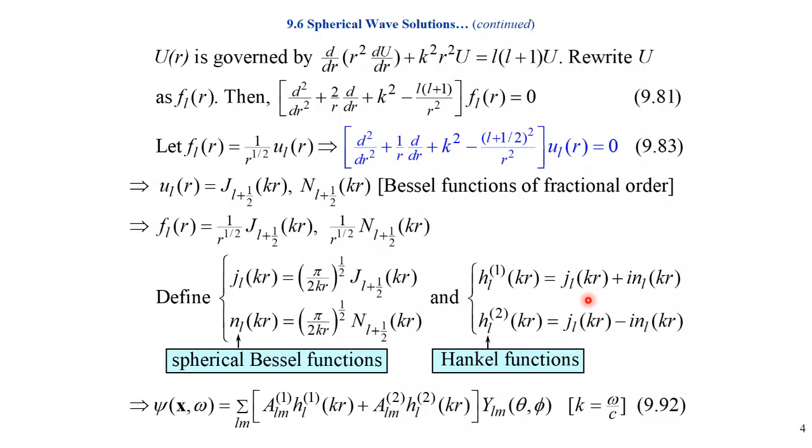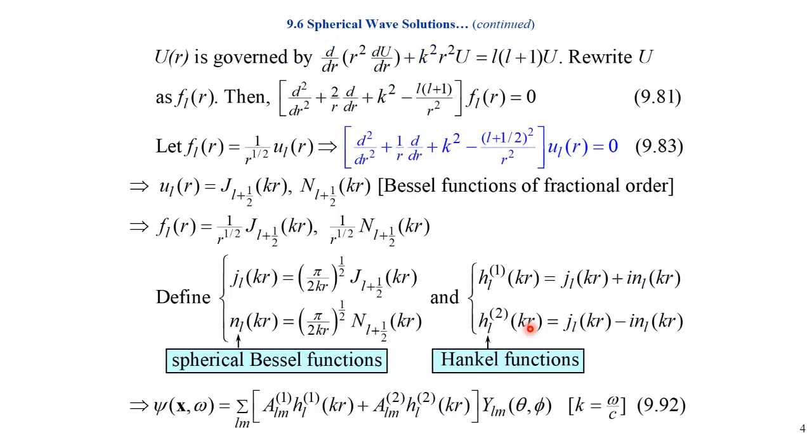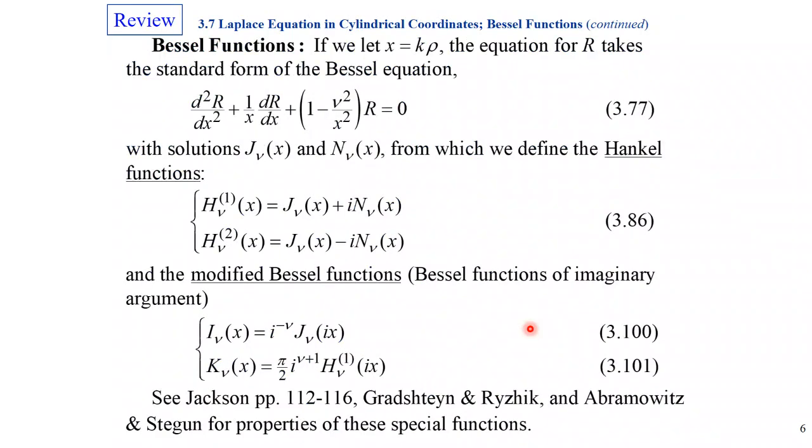Spherical wave solutions are quite similar to the Laplace equation in cylindrical coordinates. So this gives you a better understanding of these special functions. Okay, we talked about this part in chapter 3 last semester.